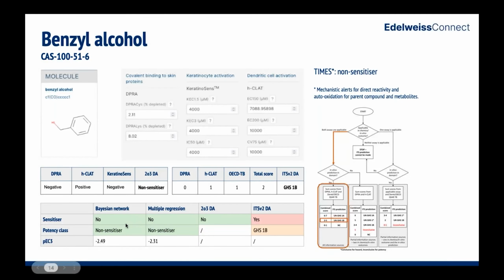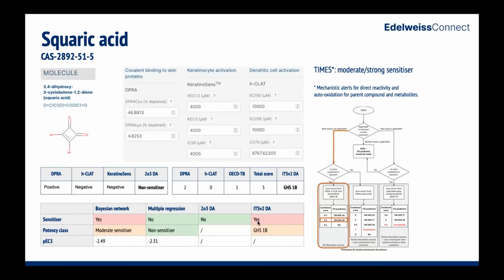Like benzyl alcohol, squaric acid also has the same outcome. 2 out of 3 defined approach predicted squaric acid as non-sensitizer. However, ITS V2 predicted squaric acid as a sensitizer. So when we see individual results, DPRA was positive, HCLAT was negative, and keratosense was negative.